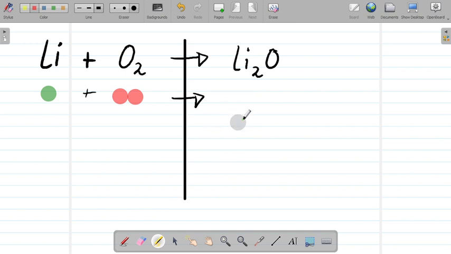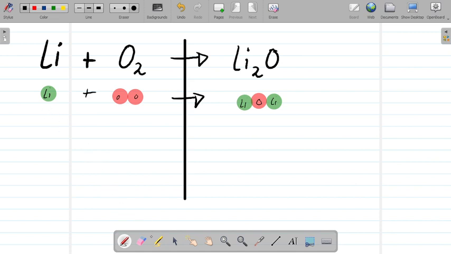And then what is lithium oxide? I have 1 oxygen bonded to how many lithiums? 2 lithiums. The first part, the trickiest part, I think, is just drawing them first. 1 lithium plus 2 oxygens bonded together, plus another lithium and another lithium bonded to 1 oxygen, right? Perfect. Now let's balance.